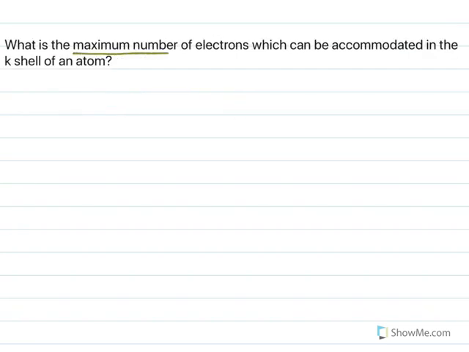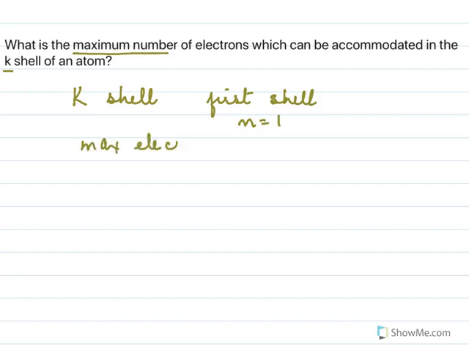What is the maximum number of electrons that can be accommodated in the K shell? Now the K shell is the first shell. First shell means n equal to 1, and maximum electrons is given by the formula 2n square. So that would be 2, your n would be 1 square.